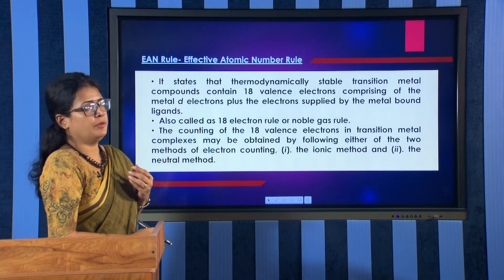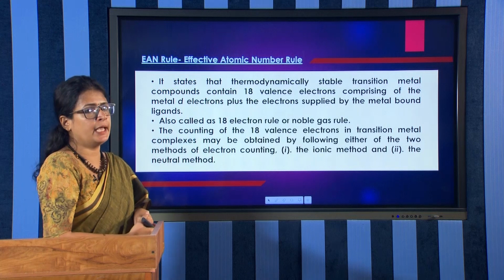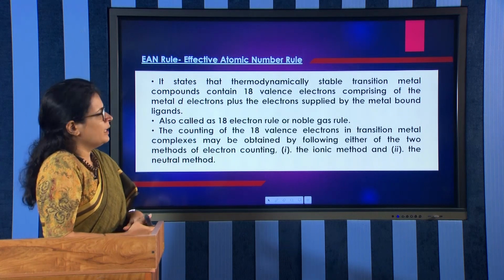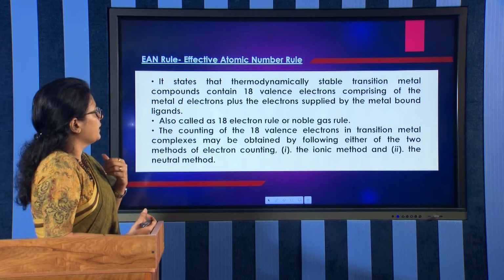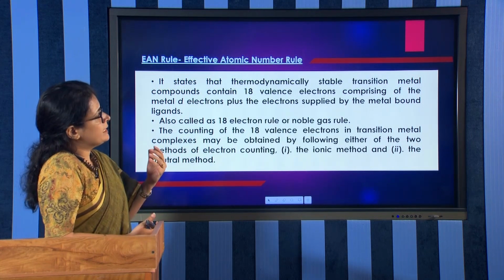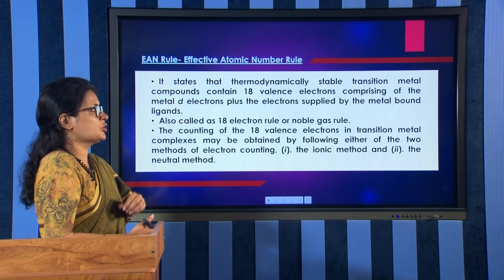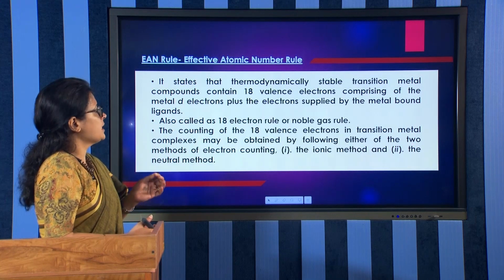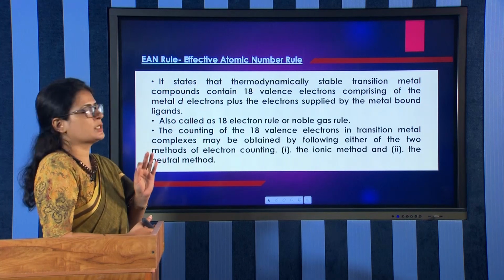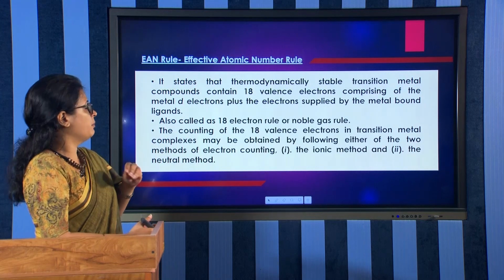And now, we have said that Sidgwick's concept is based on the EAN rule. What is EAN? Effective atomic number. Then what is effective atomic number? The rule states that thermodynamically stable transition metal compounds contain 18 valence electrons, comprising the metal d electrons plus the electrons supplied by the metal-bound ligands.